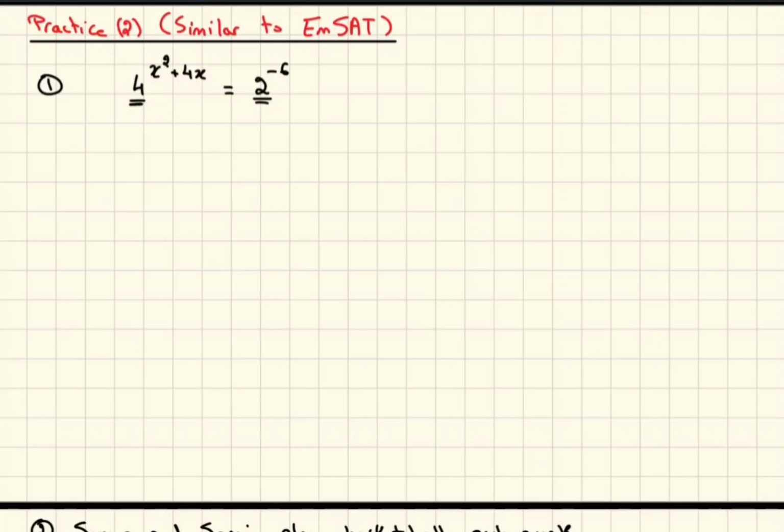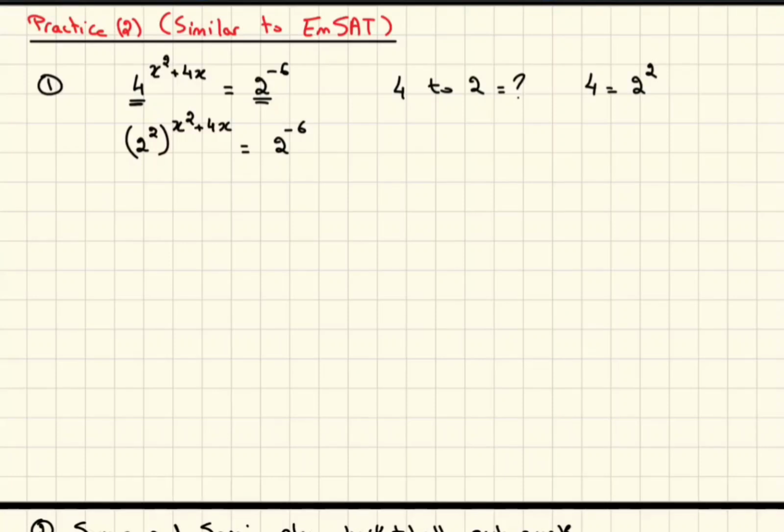So can I change one of the bases to the other one? For example, can I change the 4 to 2? Actually, we know that 4 is 2 squared. So instead of the 4, I will write 2 squared, and x squared plus 4x equals 2 exponent negative 6.